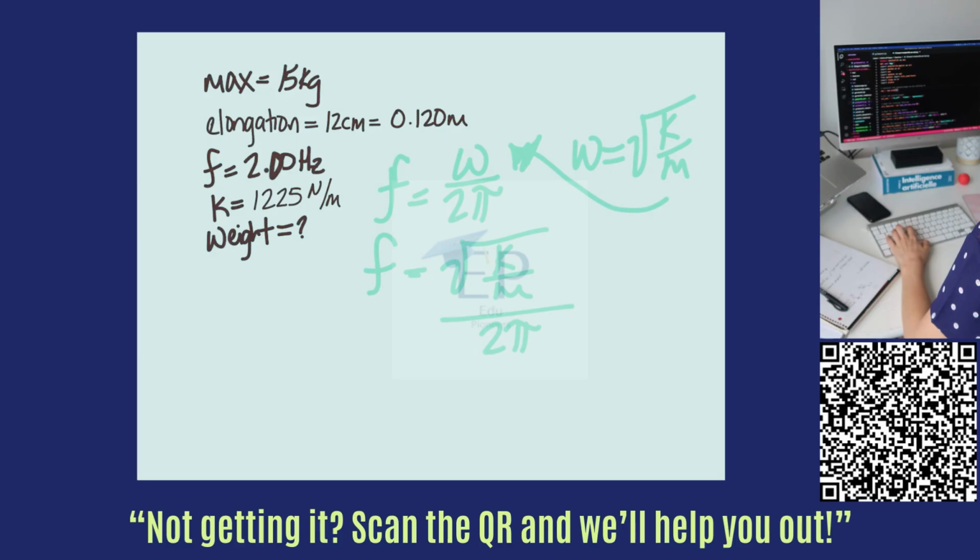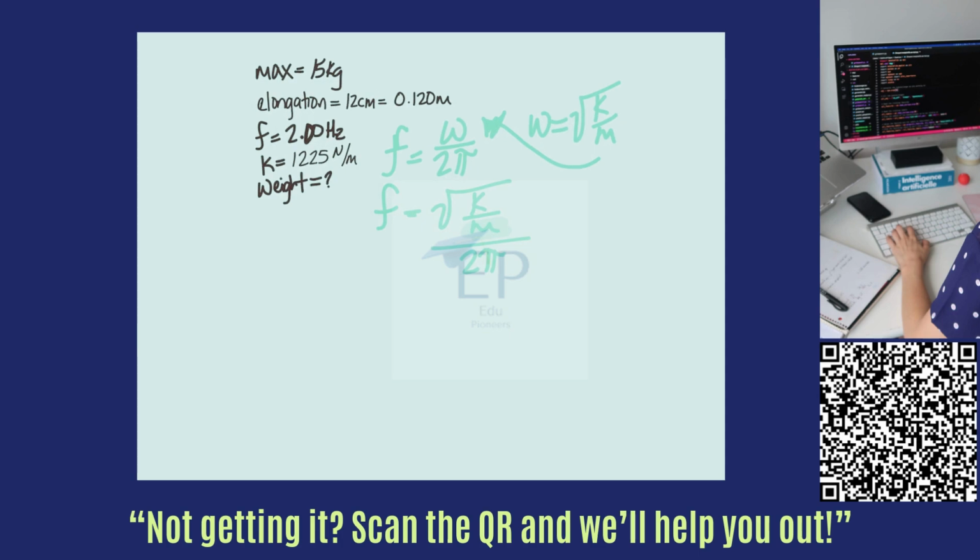And now we can go ahead and solve for the mass. We want to rearrange this equation, solving for mass here. And so when we rearrange this all, we're going to end up with mass equals k divided by 4 pi squared f squared.